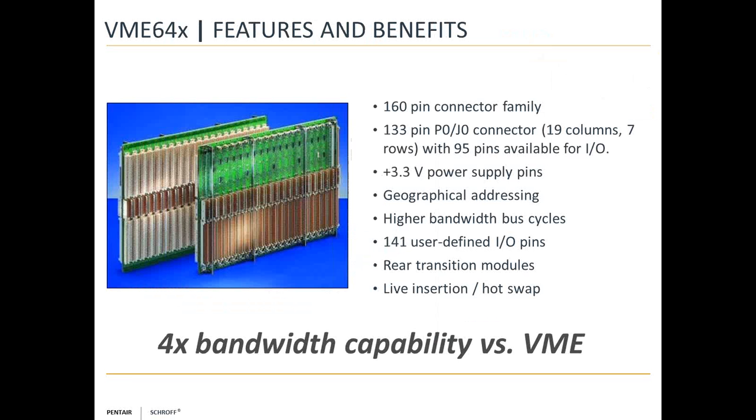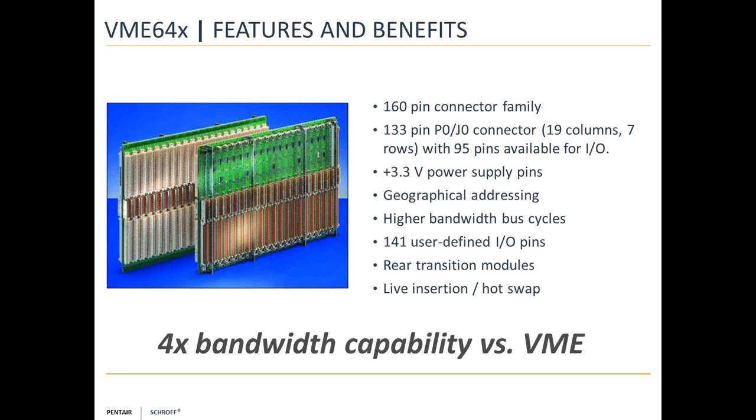Moving along to VME64x, in 1997 the VITA Standards Organization, or the VSO, adopted a superset of the VME64 standard. This new standard is called the VME64 Extensions, or VME64x for short.